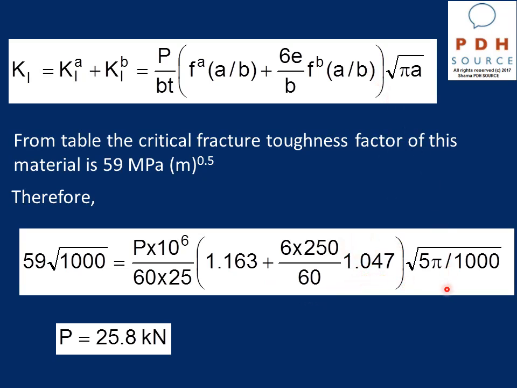Multiply this by the crack length, which is 5 millimeter. If you plug all these numbers together, you calculate a value for P equal to 25.8 kilo Newton.